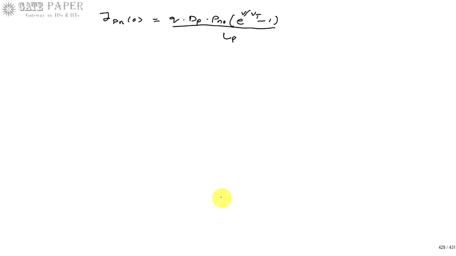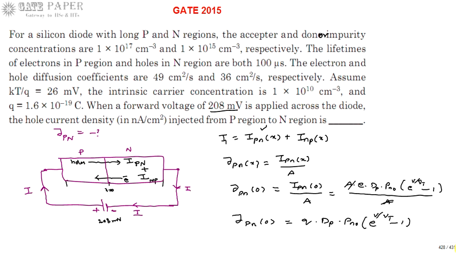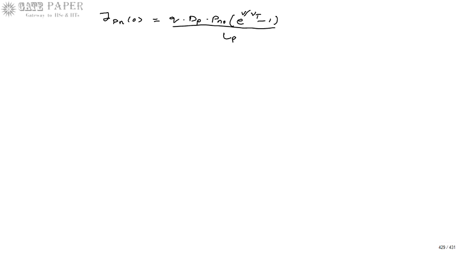This is missed over here. So IPN is equal to A into Q into D into LP also, into LP. This I forgot. So this is divided by LP. Now this is the exact equation divided by LP.